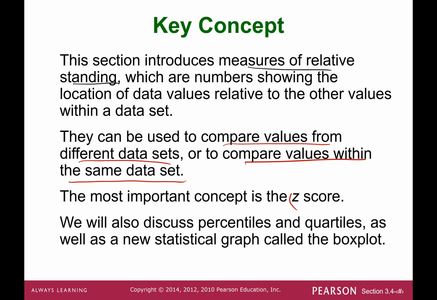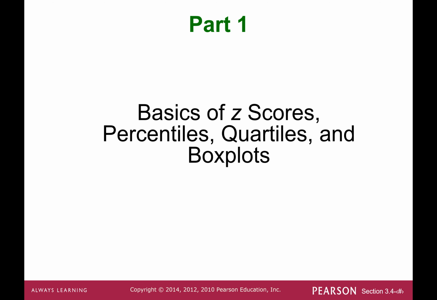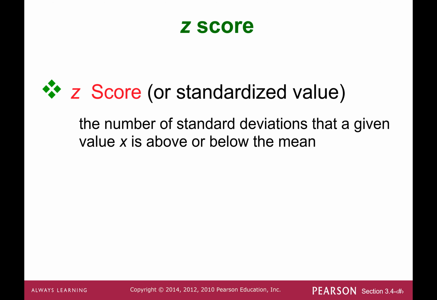The most important concept is z-score. We're also going to talk about percentile and quartile, and the graphical representation of the five-number summary. We call that the box plot. It's also a graph. So let's get to the basics of the z-score, percentile, quartiles, and box plots.